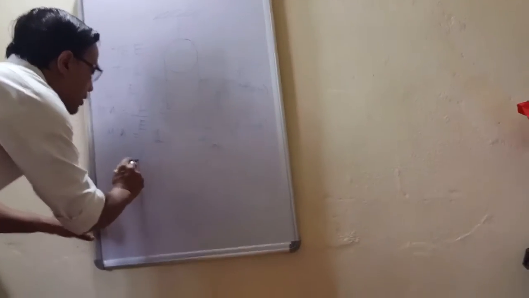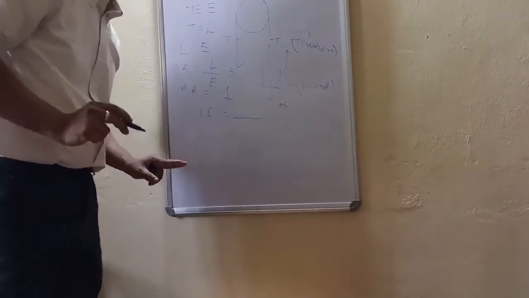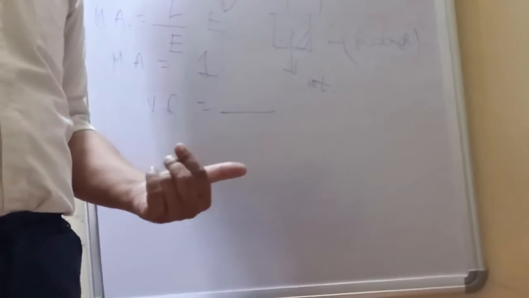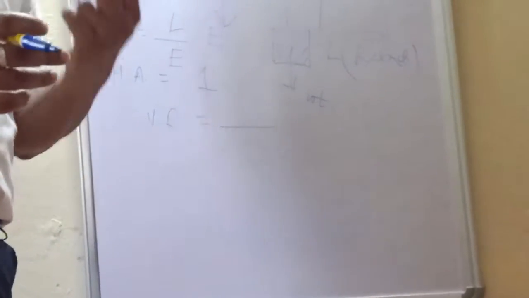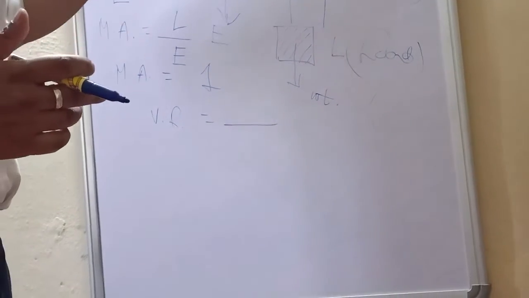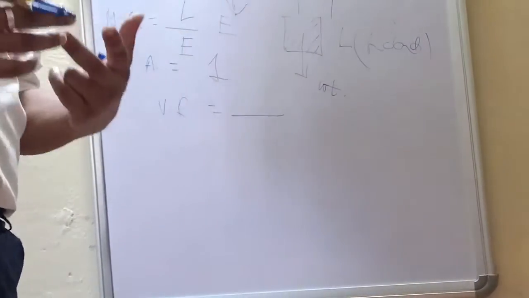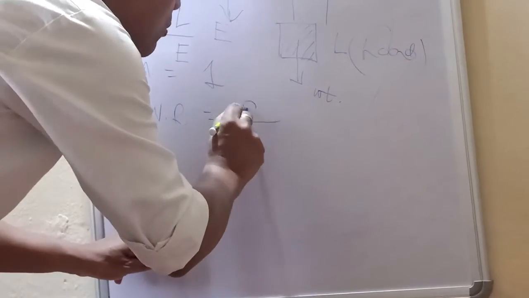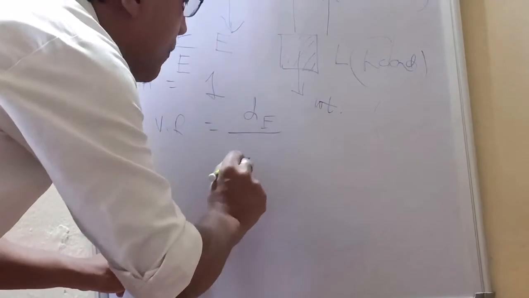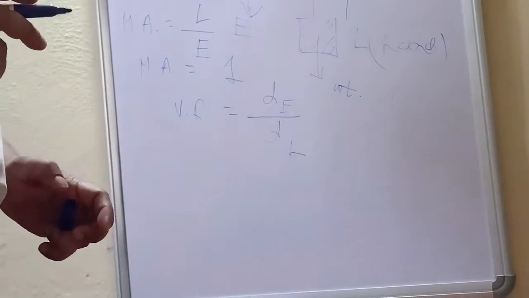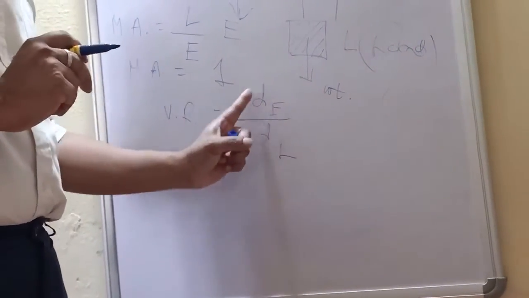Now let's find out the velocity ratio. I want you to recall the definition of velocity ratio, which you have already done in the previous unit. Velocity ratio is defined as the ratio of the displacement due to the effort upon the displacement due to the load. You can write it as dE upon dL.